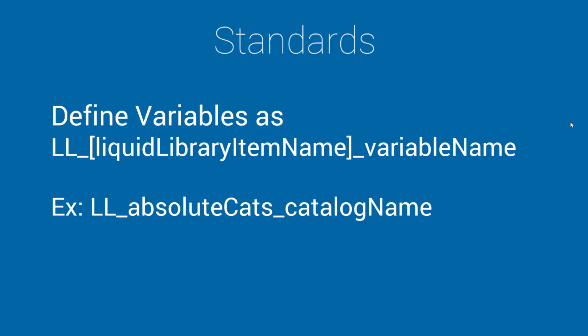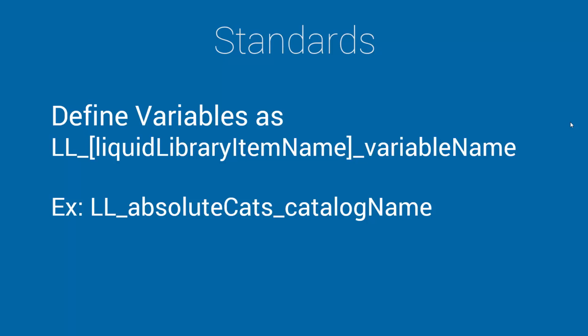So the way that we are going about this is we are defining our variables as follows. We have a capital LL underscore, so we know that this is a liquid library item. And the important piece of this is we want to make sure that we do not have any variable conflict. So we want to really reduce the chance that anyone anywhere else in the website is going to have a variable with this name.